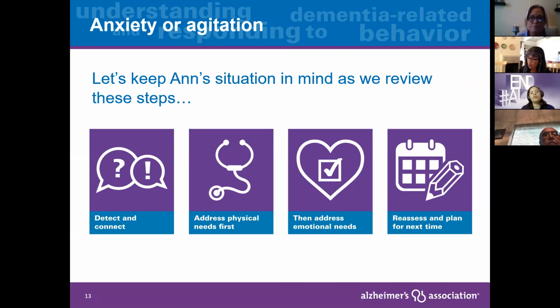And then we move on to the emotional needs. We talked about how feeling sad and frustrated and fearful is a way to explain things like agitation and anxiety. I've had this question come up during this slide specifically.